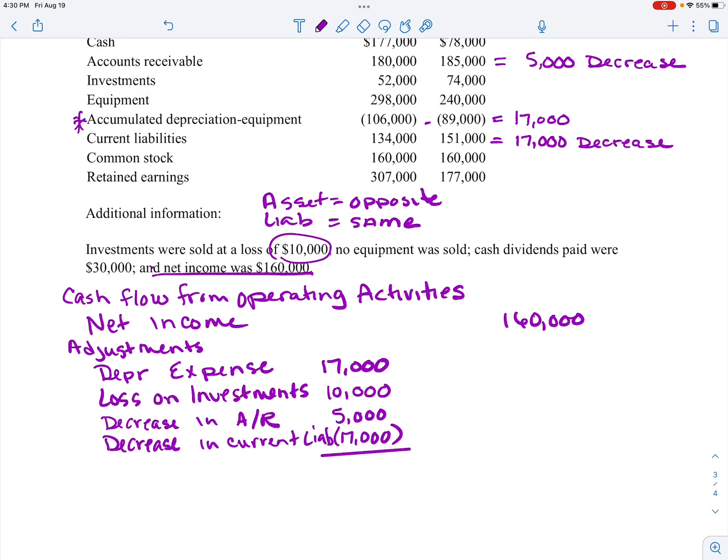I'm going to add up all these adjustments I'm making. And if you add all that through, it's an easy $15,000 increase. I subtract that from my net income, or add it because it's an increase, so it's 175. And this is my net cash provided by operating activities. You notice it says provided by because it's a positive number.